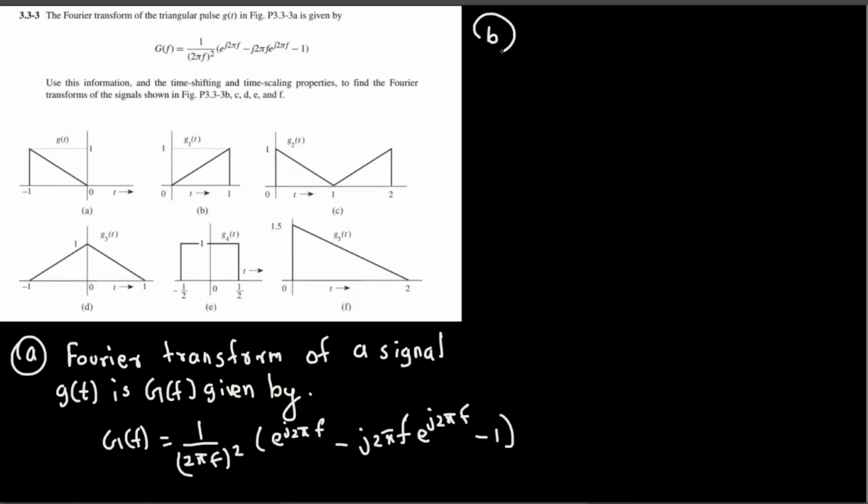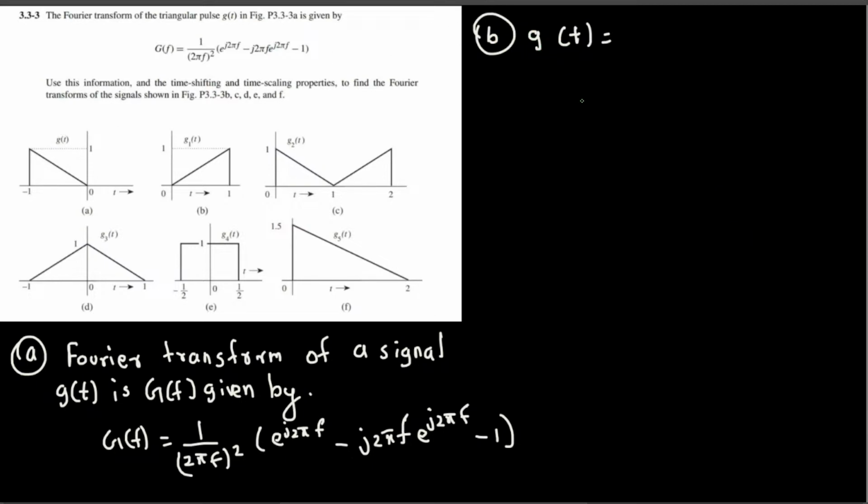Now let's look at the b part. If you notice, here we have the a part and here we have the b part. The b part is basically the time reversal. Here we have g of t, if you put g of minus t, you will get this, because this is just flipped around the y-axis. So we can say that this is actually g1 of t, because initial was g of t and this one is g1 of t.